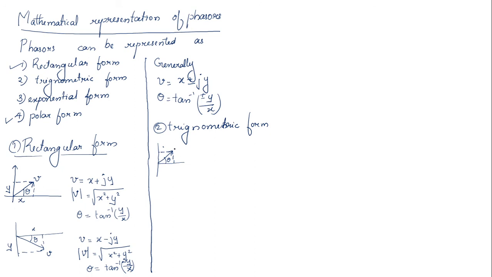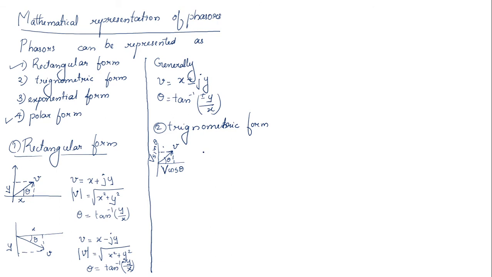When we are resolving a phasor V, we can write the x component as V cos theta. The magnitude is this one, and if you know the magnitude, you can resolve it into the y component as V sin theta.